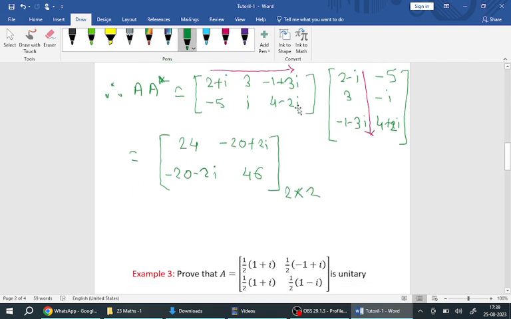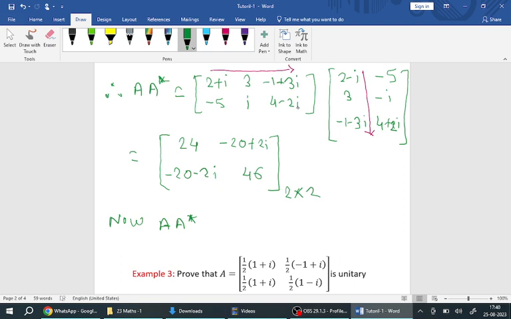Now the last step we have to check here. The question is not about A, the question is about A star. Our aim is to check whether this product is Hermitian or not. So we require again the bar and transpose of that matrix. If you take the bar transpose, obviously you will get the same matrix.